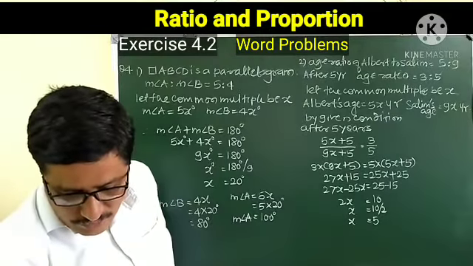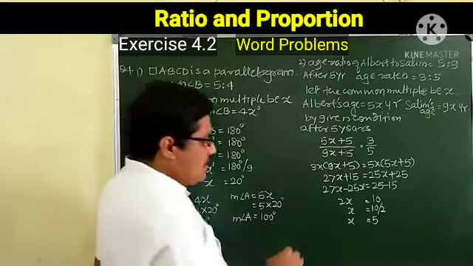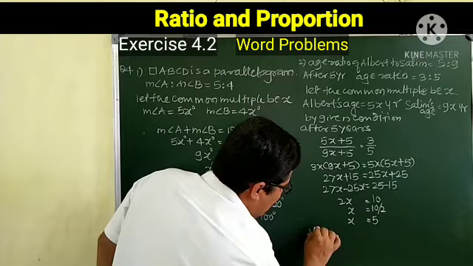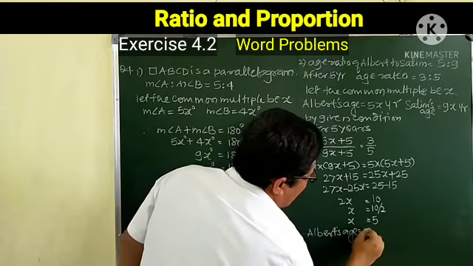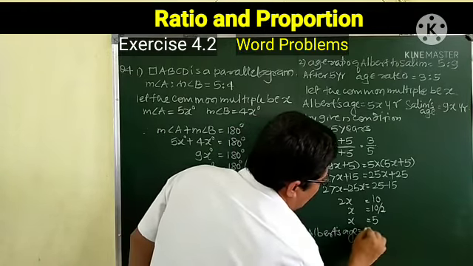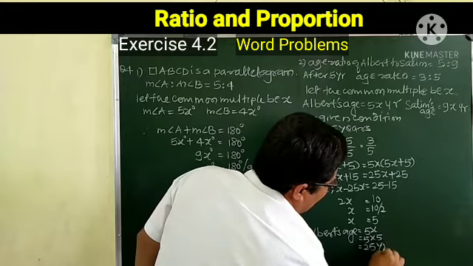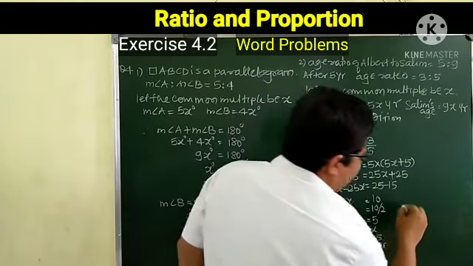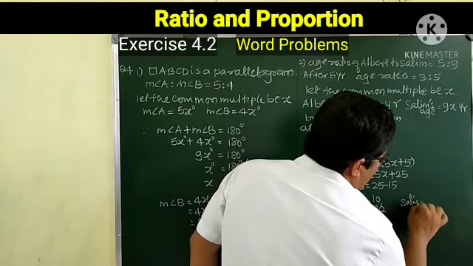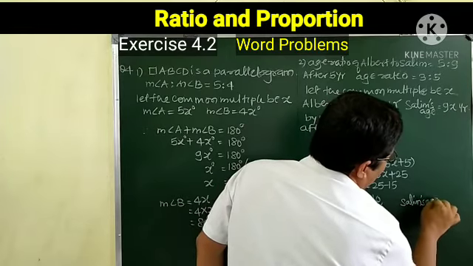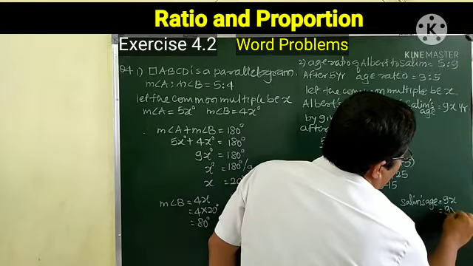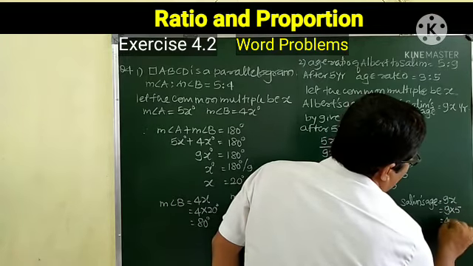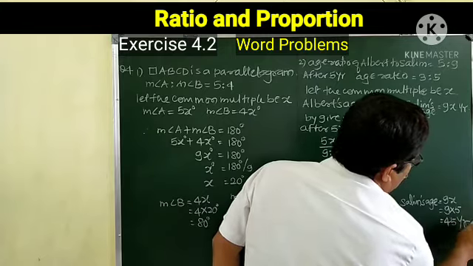Lastly, here we have to find out their ages, that means both the ages. So Albert's age, 5x, 5 multiplied by 5, 25 years, and Salim's age, that is 9x, 9 into 5, 45 years.